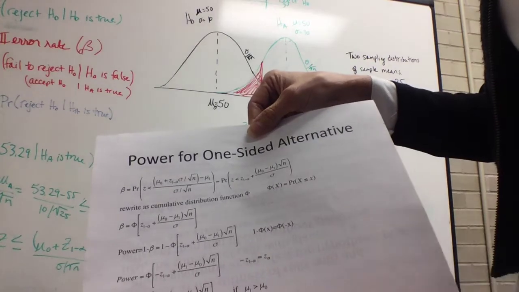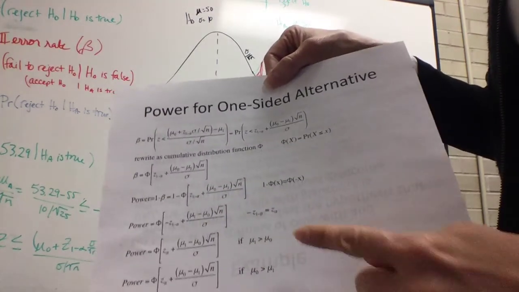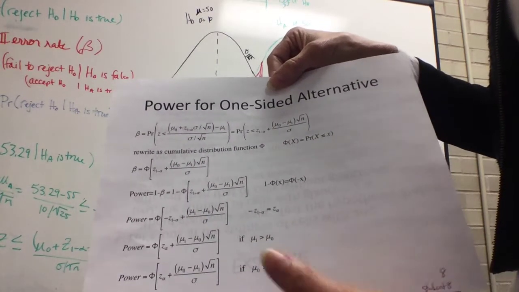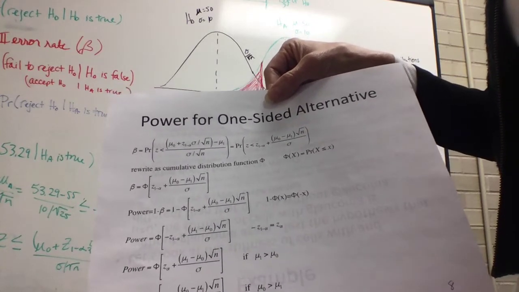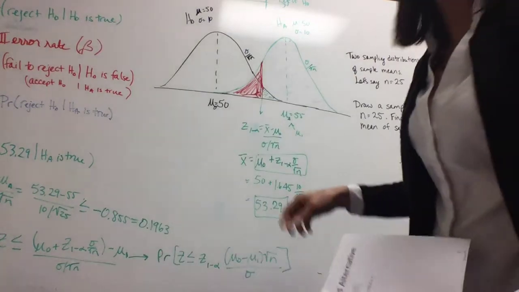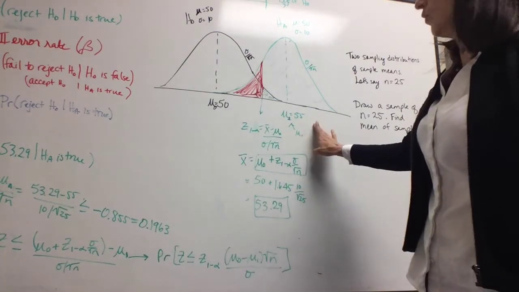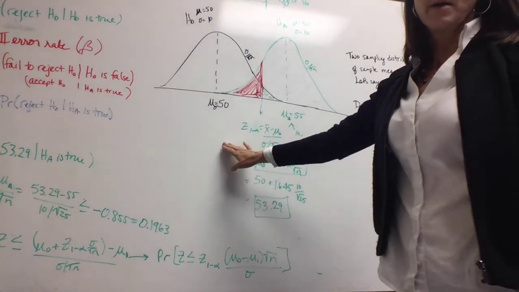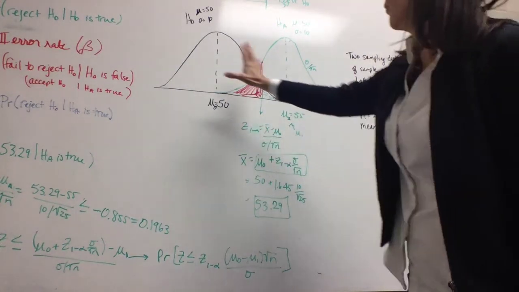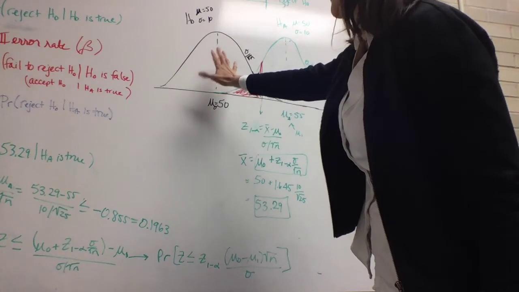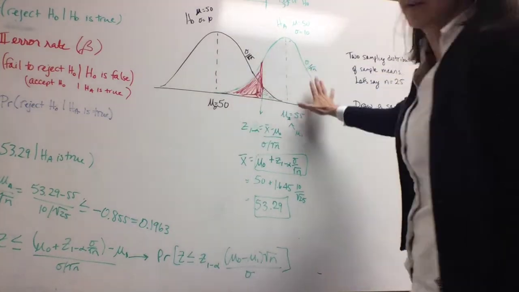And our expression, on these bottom two lines, depends on whether mu1 is greater than mu naught or mu naught is greater than mu1. When we look at the board, we had mu1 greater than mu naught. But it could easily have been the reverse situation. This could have been mu1 over here, the alternate hypothesis, and mu naught over here.